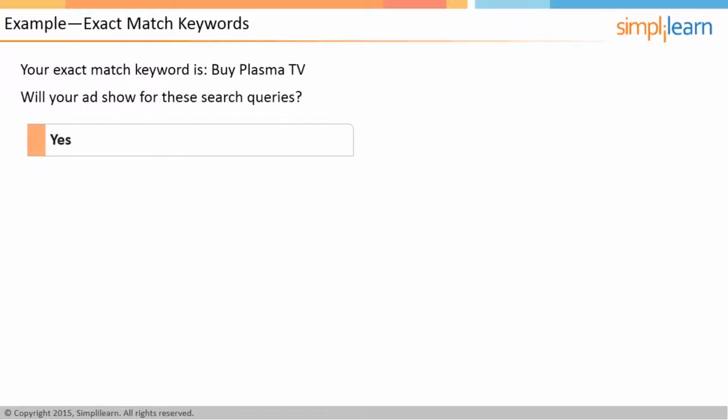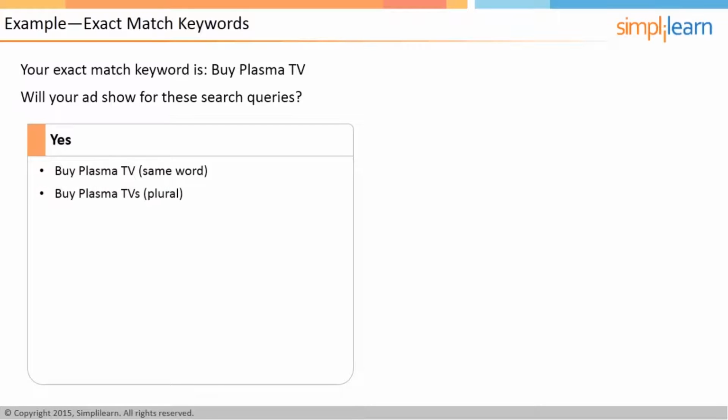In our yes column, we have the query buy plasma TV. It's the exact same, it will show. We have buy plasma TVs. It's the same word, just happens to be a plural, it will show. In our third example, plasma is misspelled, but it's still buy plasma TV, just a misspelling, your ad can show.